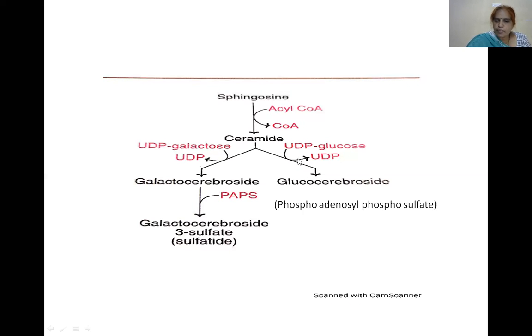When ceramide combines with UDP glucose, it produces glucocerebroside.